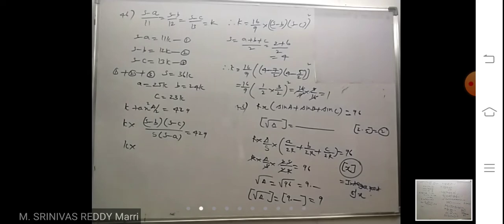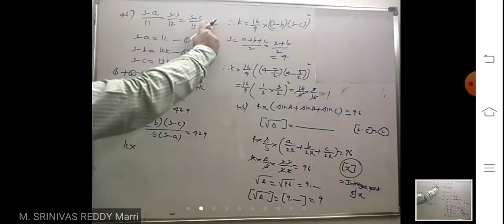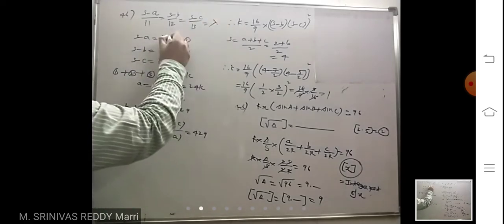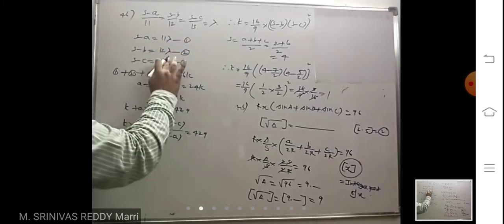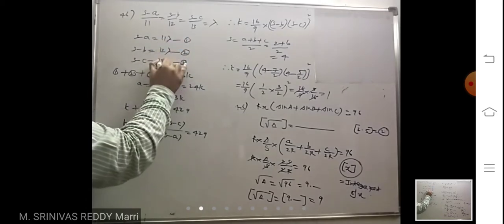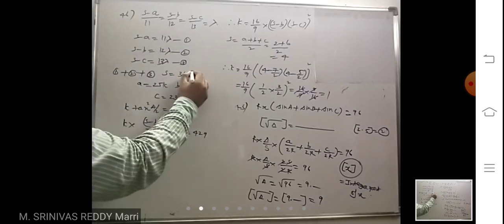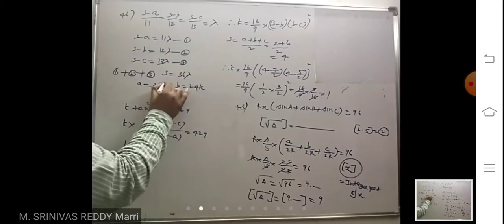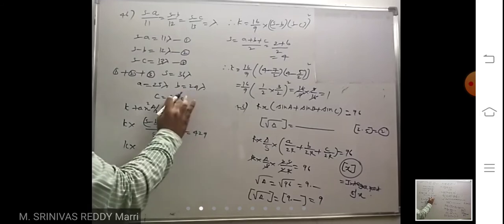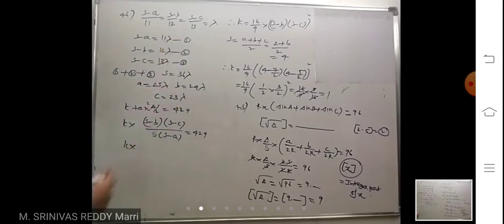So here K is there now. You take lambda here. This constant and that constant are different. K is already given in the question, so don't take this K, take lambda, because this K and that K are different.